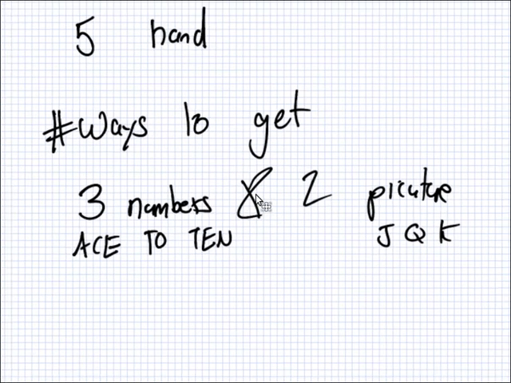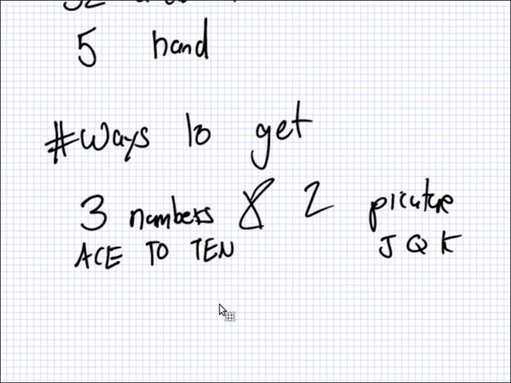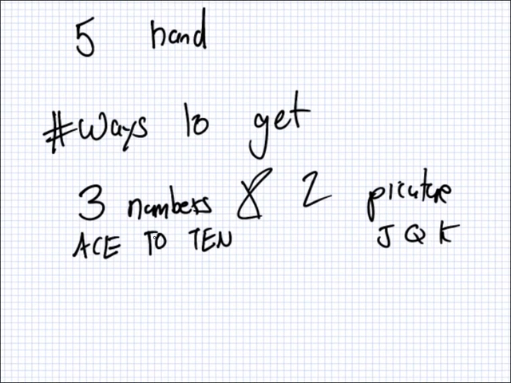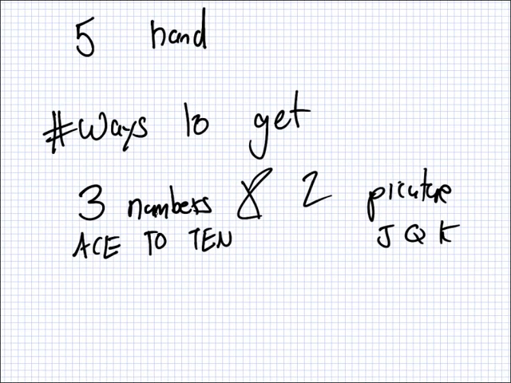Right, well, what do we type in? What's the first thing? 3 number cards. Yeah? How many number cards are there? 40. So it's 40C3 times, and there's 12C2.